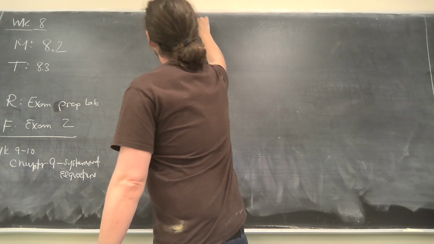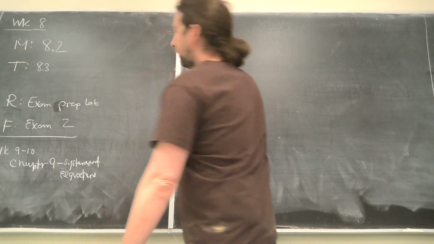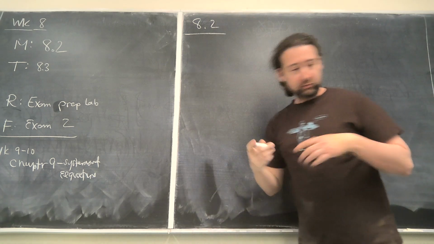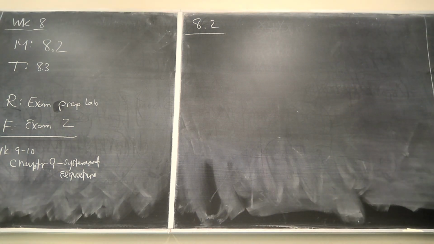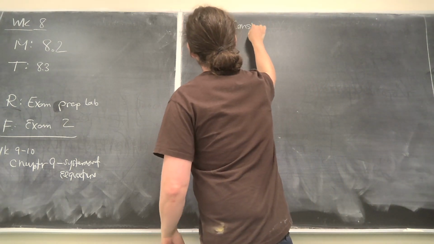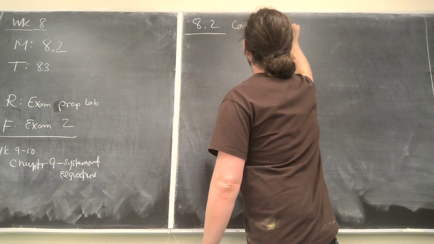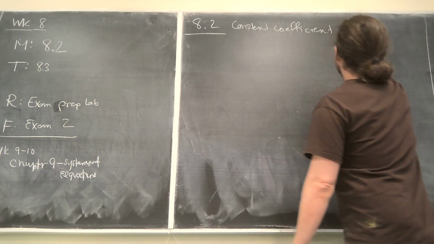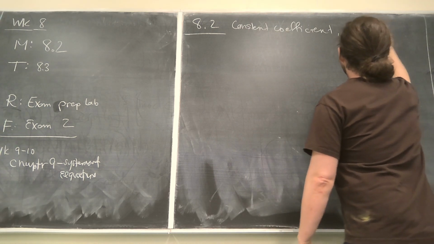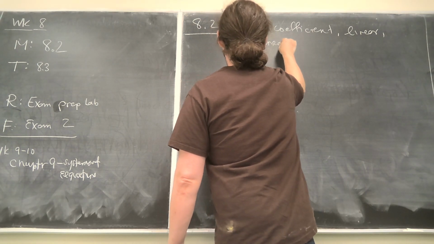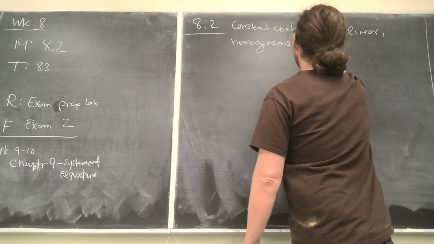All right, so today we are talking about 8.2. Here's what you do in differential equations: you put enough adjectives on the problem so you can actually solve it. So 8.2, we're going to talk about constant coefficient linear homogeneous differential equations.